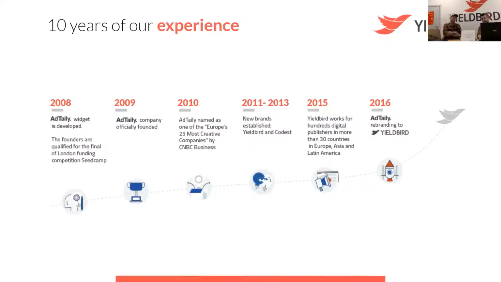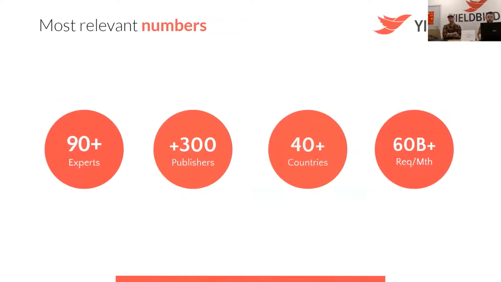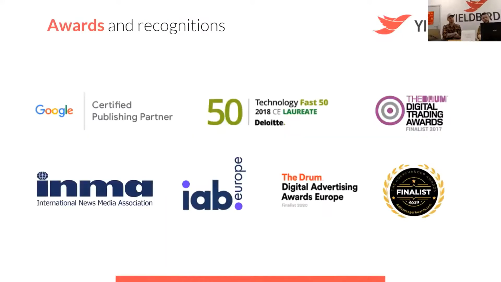We grew like 500% now in terms of our yearly turnover, and we work with over 300 publishers in more than 40 countries. We run over 60 billion ad requests a month through our tools. So yeah, this is us in terms of scale, in terms of our achievements. As I said, GCPP, one of the 50 fastest growing companies in Central and Eastern Europe, according to Deloitte, 2 years in a row.